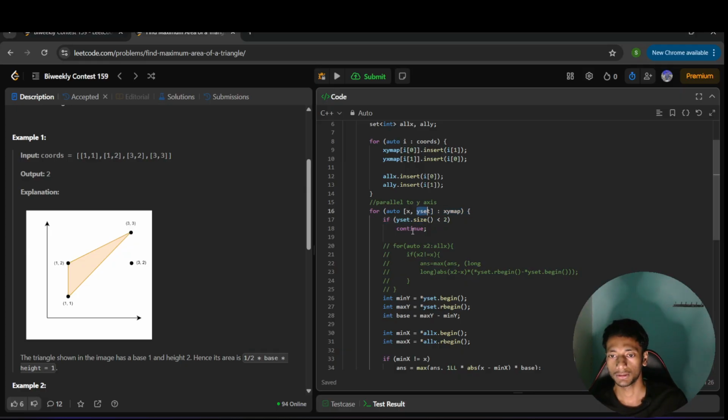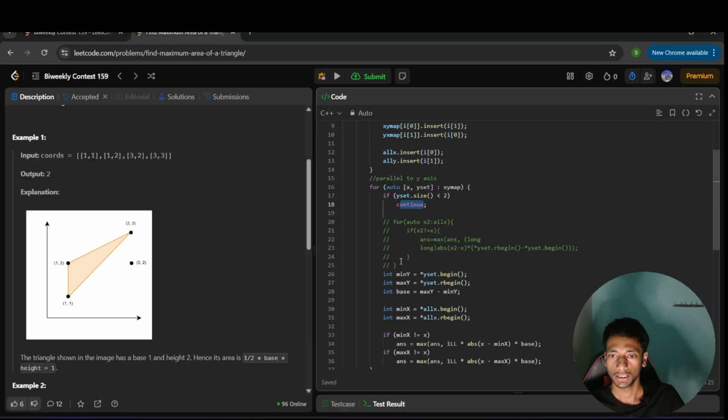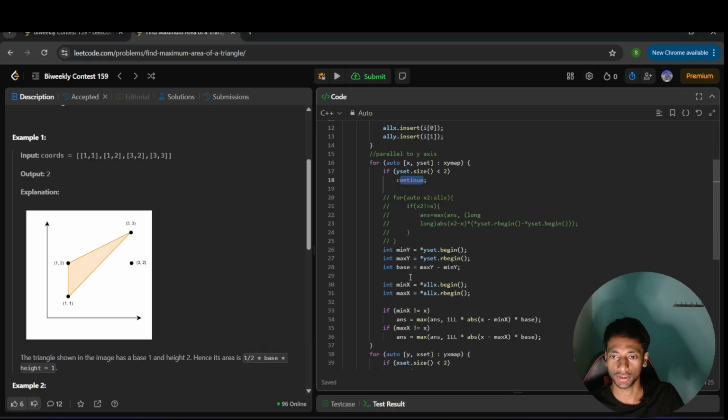Suppose only one point is present in this baseline, x equal to 1. That is not possible to generate a base, because to generate a base, I need at least 2 coordinates. So that's why if y set dot size is less than 2, then continue. I can't generate. If it is greater than or equal to 2, then I can proceed.